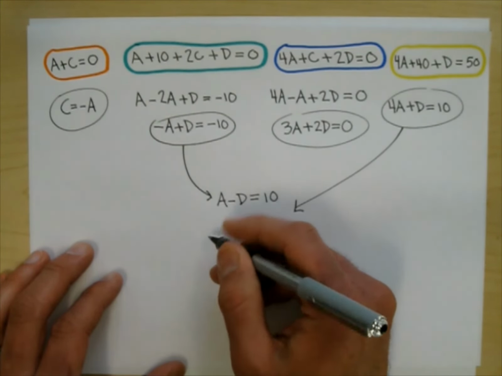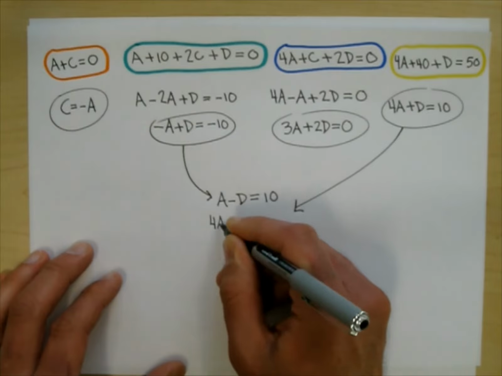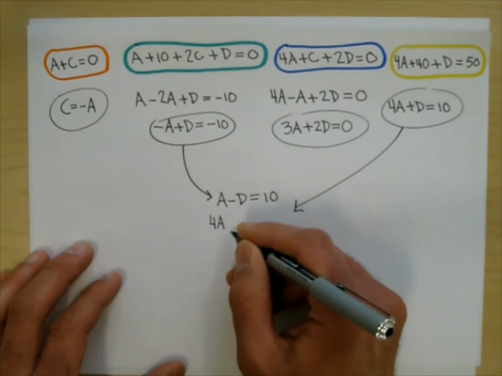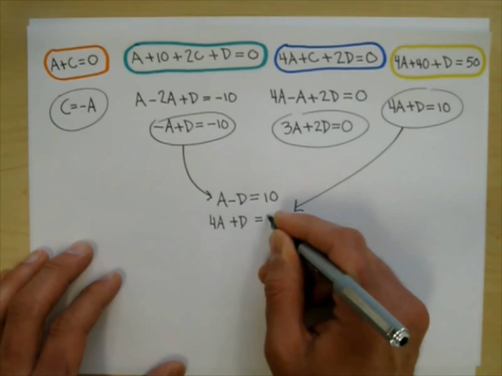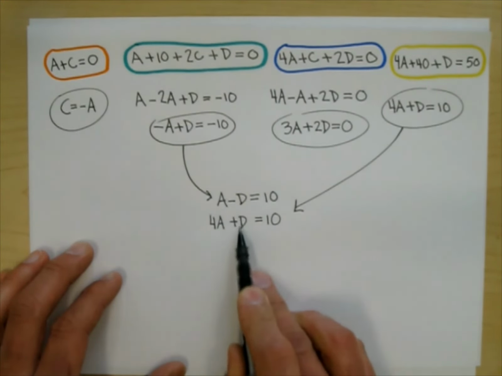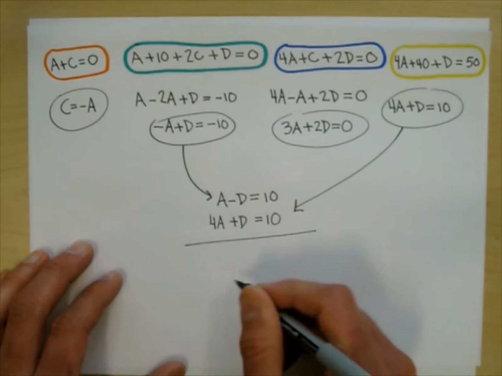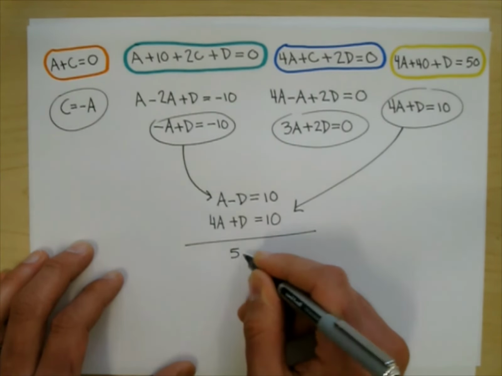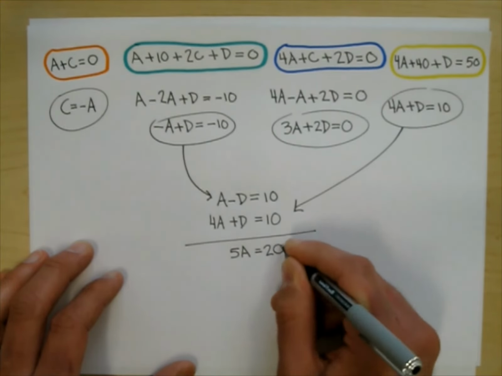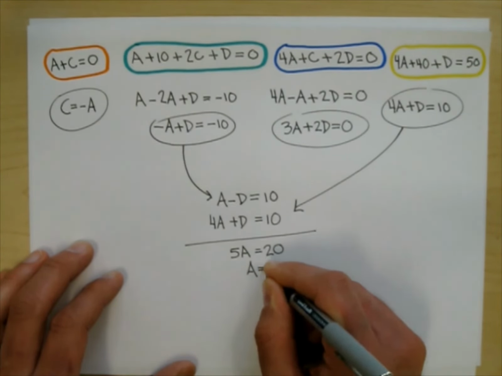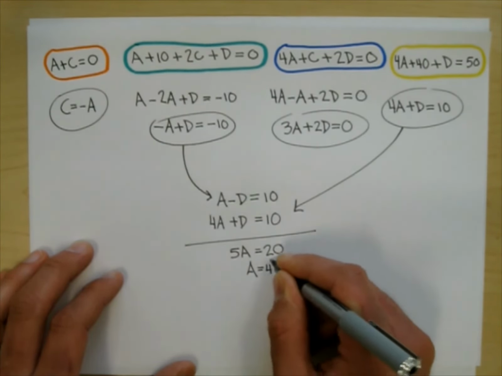So this is 4A plus D equals 10. The reason I did that is I can see that my D's are going to cancel. So this gives me 5A equals 20, A equals 4.